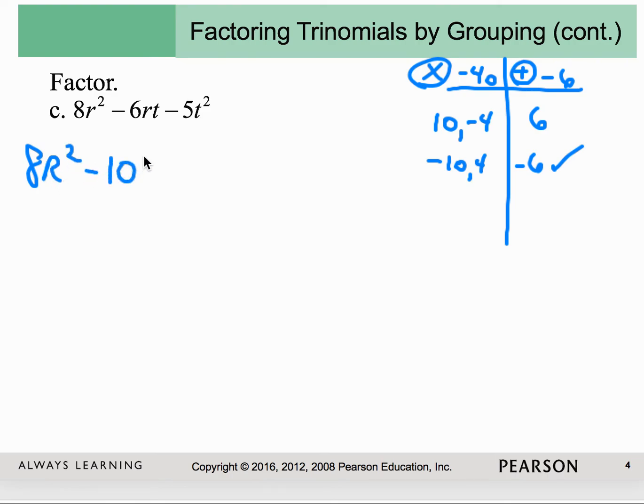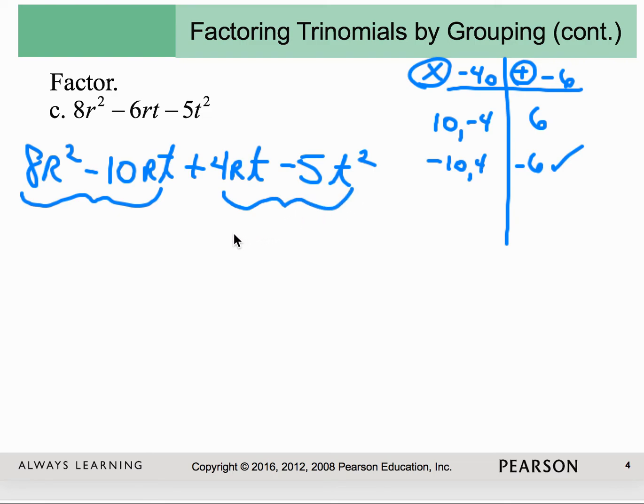Minus 10 RT, right? Be careful. Plus 4 RT minus 5t squared, right? I'm just changing the -6 RT to minus 10 RT plus 4 RT. And then I can factor it by grouping. Okay, so they have a common factor of 2 and they both have an R. What's left is 4R minus 5t.